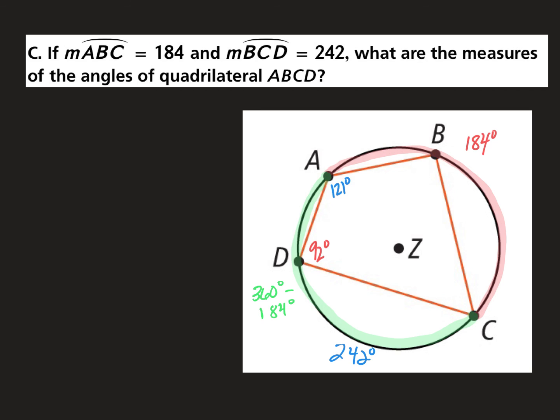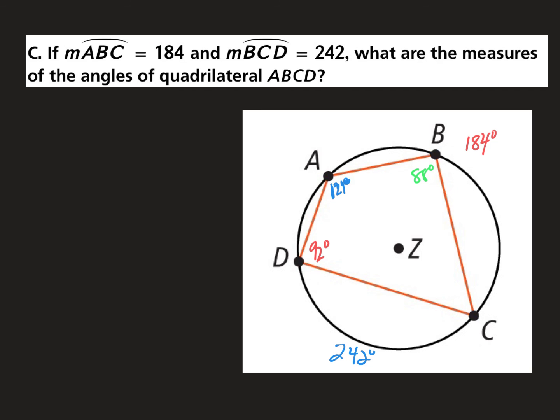So that would give me 176. Well, we know that this angle right here, so if we go back and do our highlight again, here's angle B, or angle ABC, and notice that its endpoints are on the green, so I want to be half of the green line over there. So this is going to be 1/2 of 176, and half of 176 is going to give us 88 degrees.